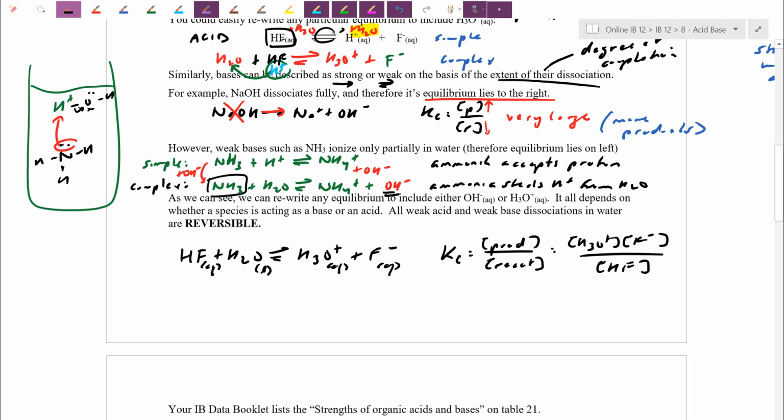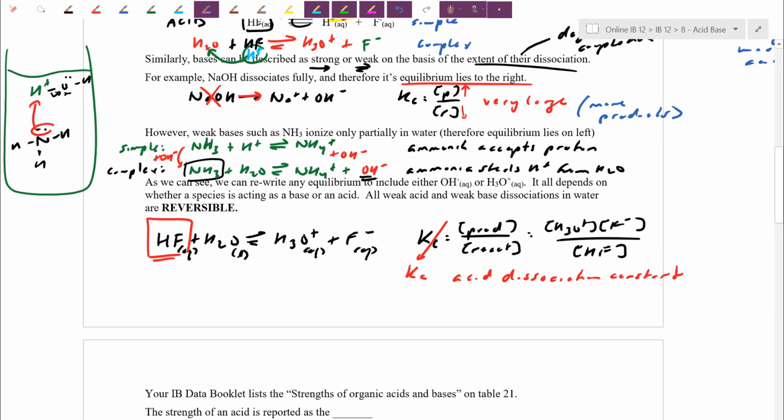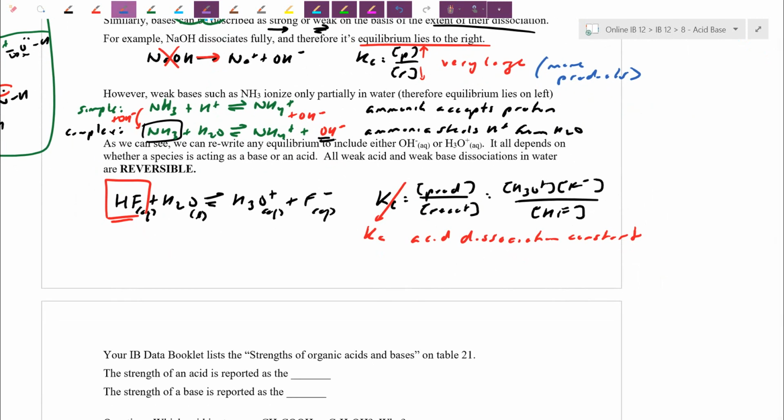Right? So essentially as an equilibrium constant, all I'm going to do is redefine it. Since this is an equation for an acid, we're going to call this one here Ka, and it's now called the acid dissociation constant. The bigger this number, the more the products are favored. It's just that we're going to see later on in our tables, the Ka is actually going to be some really tiny number.